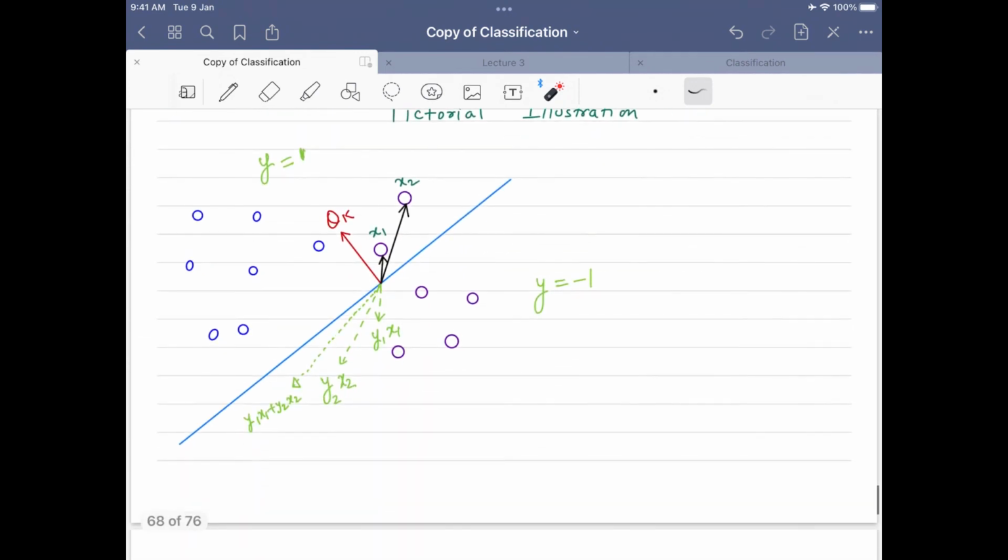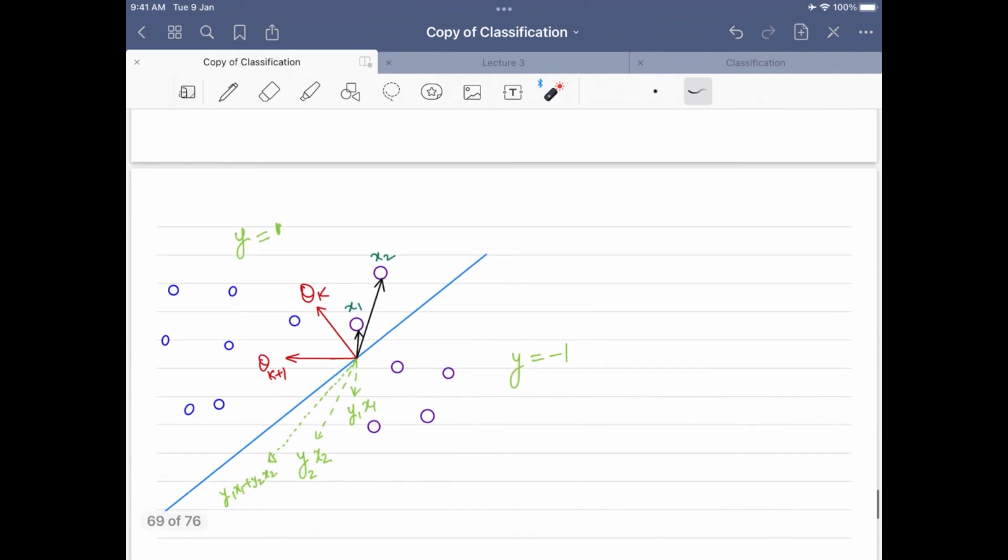Alpha is normally between 0 and 1, so that makes this vector a little bit small. Then you add this vector to the old vector theta k, and that gives you a new vector, theta k plus 1. So this is the new vector, theta k plus 1.